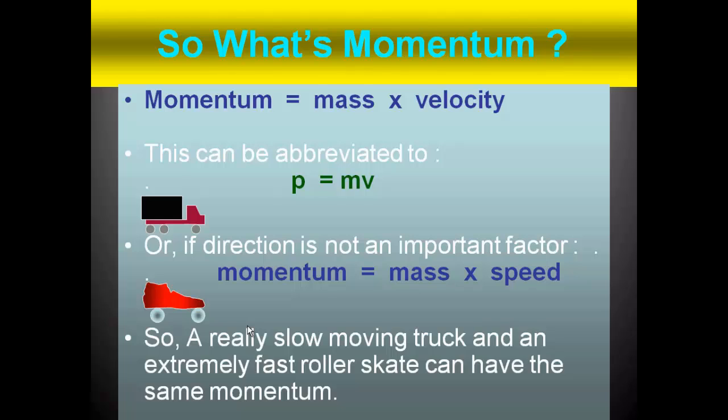Because a lineman can have the same momentum as a cornerback or a wide receiver, who are a lot smaller, have a smaller mass. What the deciding factor would be then is the velocity at which they hit you with. So a cornerback or someone small on the football field can have as big as or greater momentum than one of the big slow guys on the field. All right?